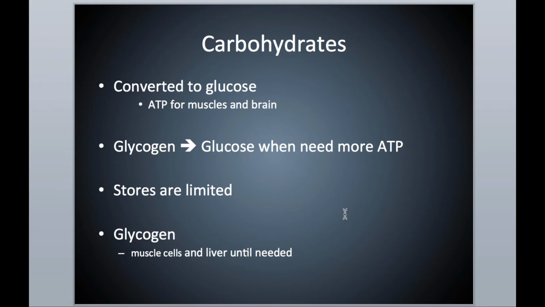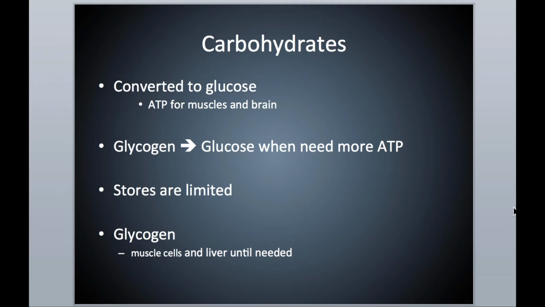So again, the storage form of carbohydrates then is going to be glycogen. And again, this is in the muscles and the liver. And when we need the energy necessary, we're going to break that glycogen down and we're going to use it to get some ATP. However, the stores are limited. We only have anywhere from 2,000 to 2,500 calories from this, even though that might sound like a lot.